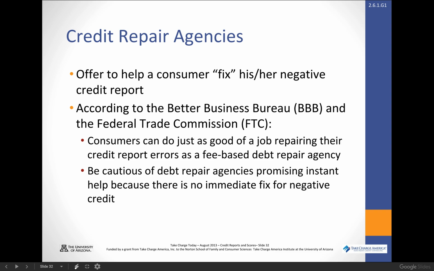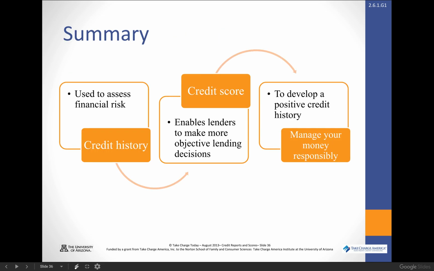It's all based on your past decisions and your credit history. So their advertising of an immediate fix is just not really accurate. So do your best not to get caught up with these credit repair agencies. It may seem like a good idea at first because they give you the impression that they can quickly change your credit report, and that is not accurate.